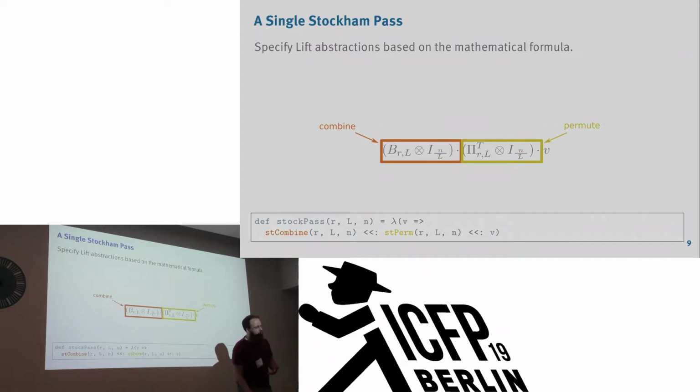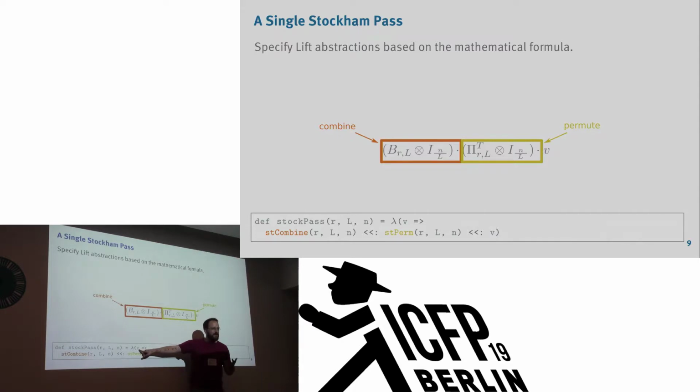And again, we can immediately express this by defining a Lift function, which we call stock pass, which we used earlier already. When it's instantiated with R, L, and N, it takes only the input vector v, and then applies the permutation, and then applies the combine matrix multiplication.